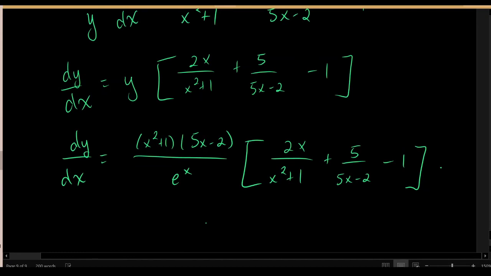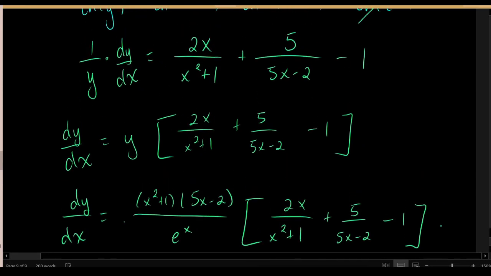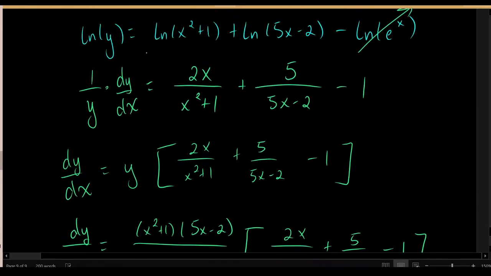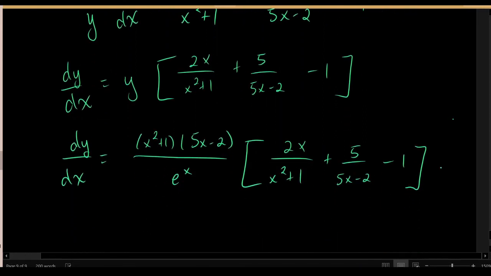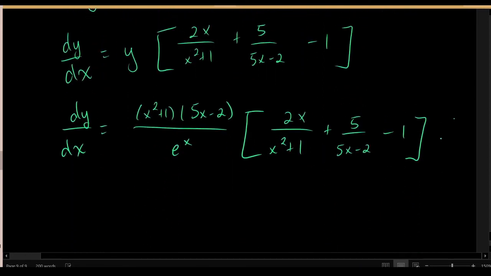We didn't have to use the quotient rule at any point, and we didn't really have to use the product rule at any point, because log properties allowed us to split that product slash quotient into a sum slash difference. So that creates a problem which, although perhaps just as tedious as before, is much easier, and you have far less opportunity to make calculus or arithmetic mistakes.